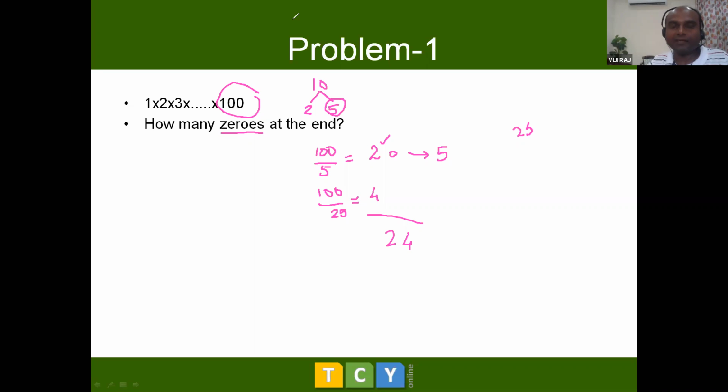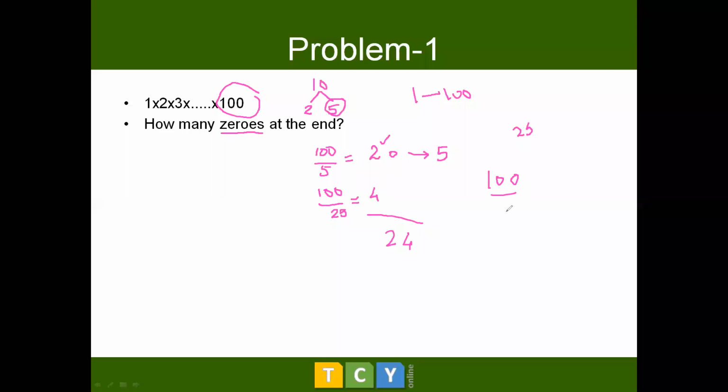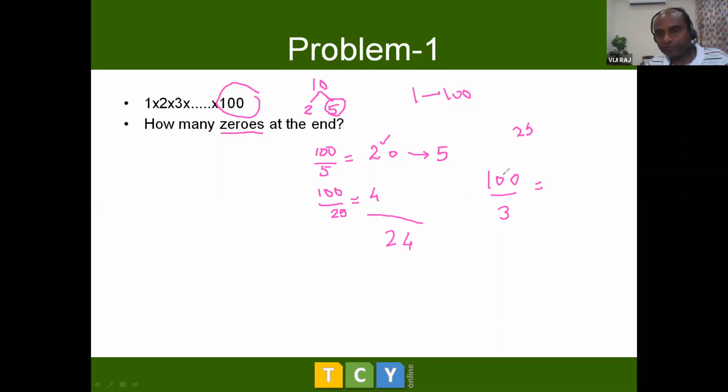One is that, let us say if I want to find out the number of multiples of 3 from 1 to 100, what will I do? I will divide 100 by 3, and I get 33 and 1 by 3.